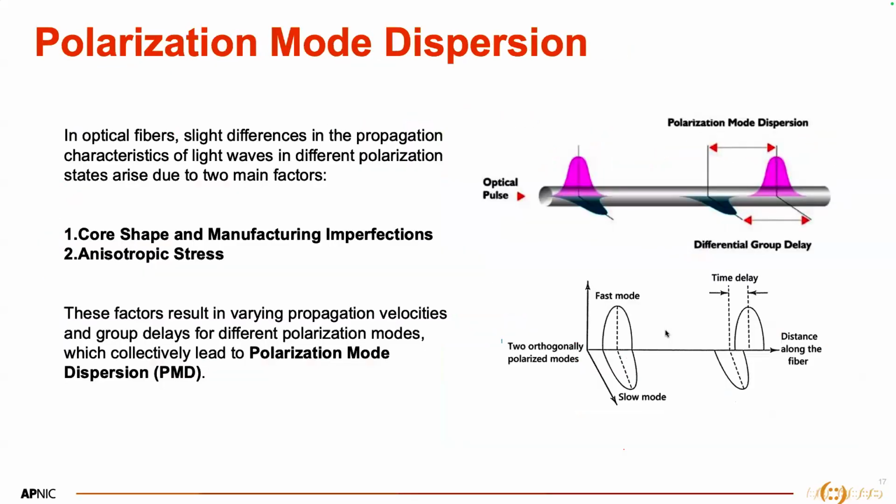So now we have polarization mode dispersion, or PMD. We have already discussed what PMD is. When light moves in such a way that the electric field and magnetic field have different velocity in their own plane and are out of sync, in that case, this PMD occurs.